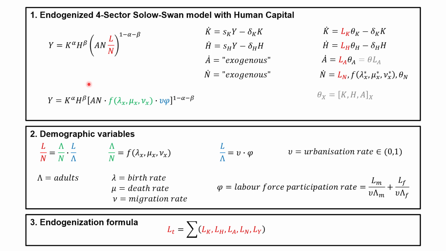And so this endogenization equation again hammers home the central point that labor is the primordial factor of production. All these factors effectively rely on the stock of labor in order for them to grow.